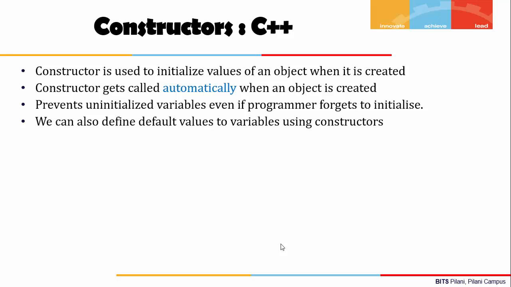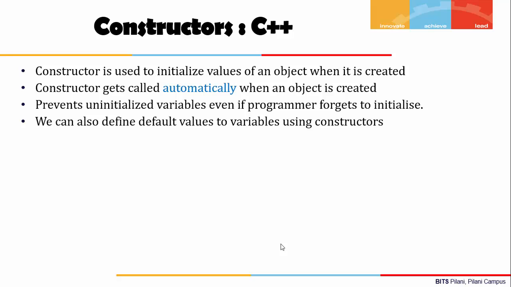Now we come to a very important concept, the constructor. An object can initialize itself when it is created; even if we create an object without initializing it explicitly, it gets initialized by itself. It is very convenient. A constructor is used to initialize the values of an object when it is created.